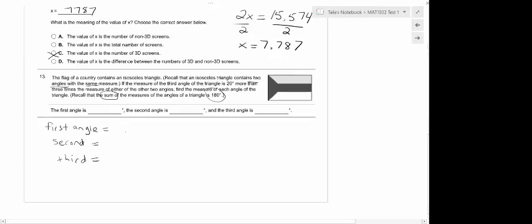So if the first angle we call X, what would you call the second angle if they're the same? X. It's also going to be X. Good. Then the third angle, it says, is 20 more than 3 times the measure of the other angles. So 20 more than 3 times X. So how would you write that? 20 plus 3x. Very good.